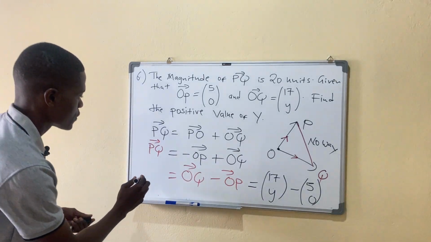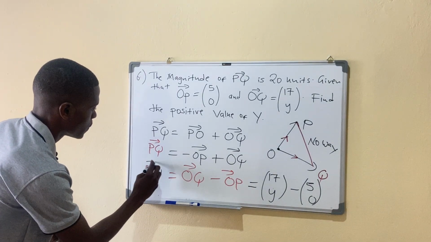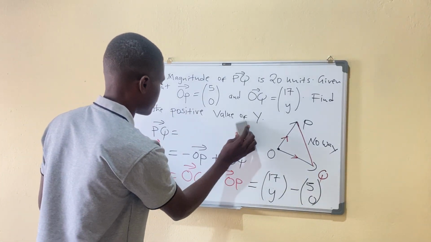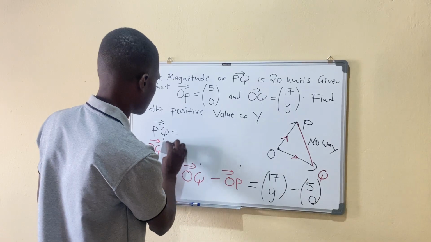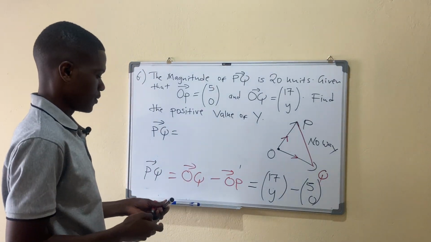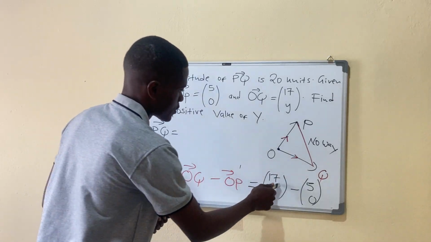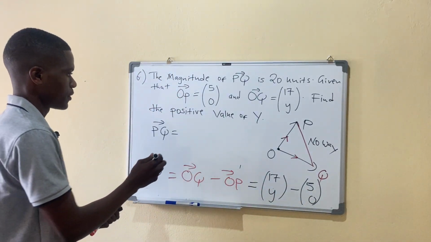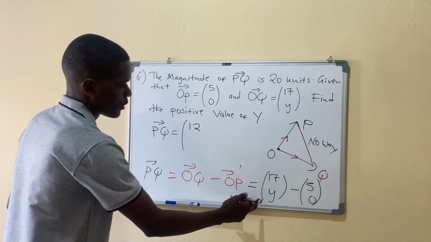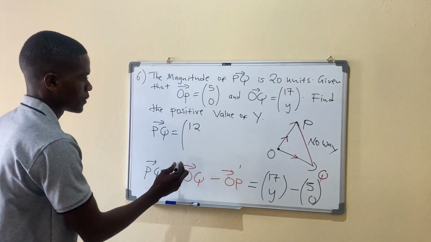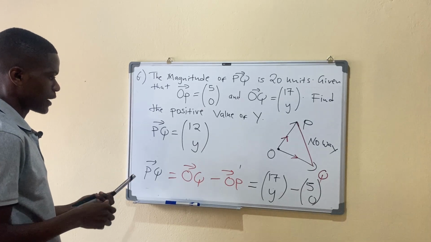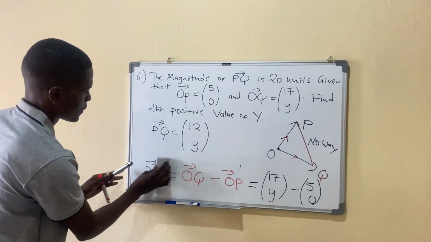Okay, so this is our PQ. 17 minus 5 is going to give you 12. y minus 0 would just be y. So we found our vector PQ.